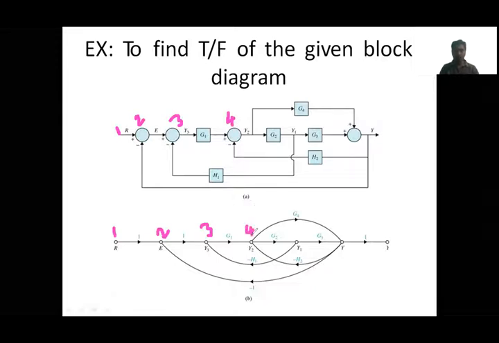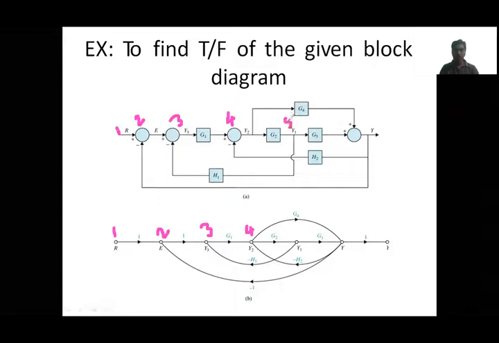So between 3 and 4 we have G1, and G1 is mentioned here as a branch. And next it's a takeoff point. I told you already, if a summing point is followed by a takeoff point, both can be considered as a single node. So it is a single node, the fourth node only, not taken as a fifth node again.